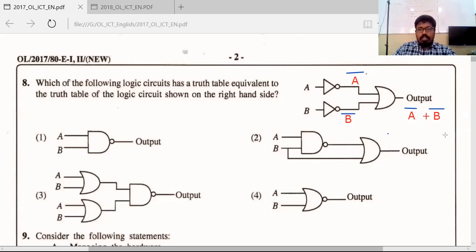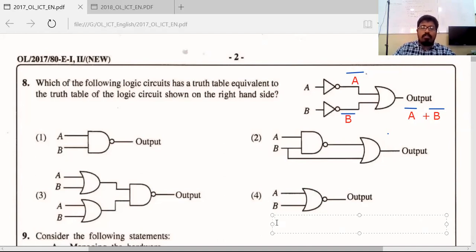Right. So I have already discussed an important theorem in the class, which is De Morgan's theorem. So De Morgan's theorem I already explained.